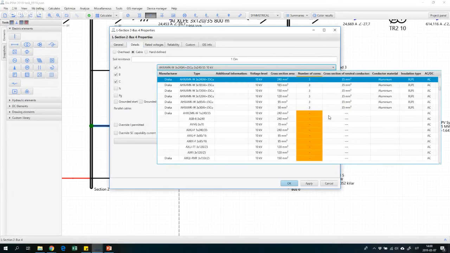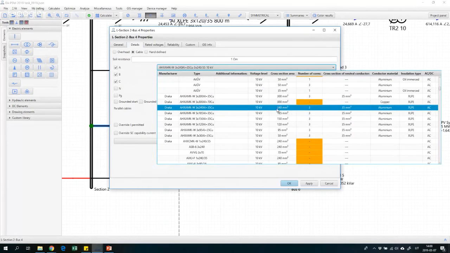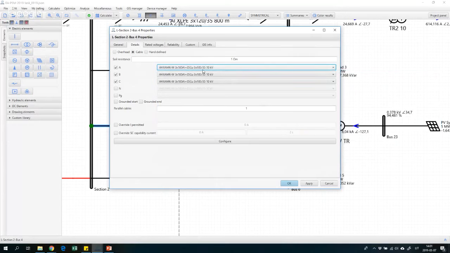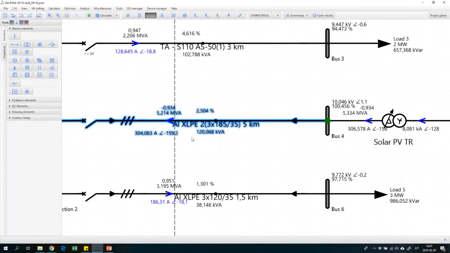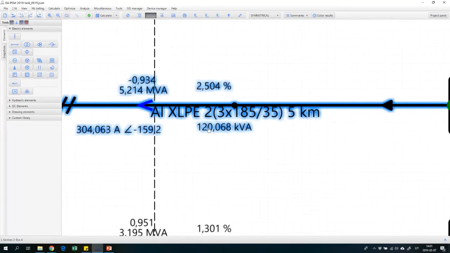You can see that there are many cable types in the library, so we can just select one step smaller cable diameter, but instead I will put two cables in parallel. So now we will have a bigger cross-section area in total, and this will allow me to evaluate how much losses will change with this kind of configuration.